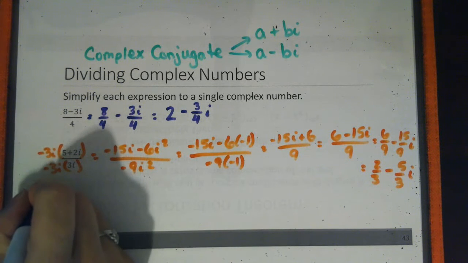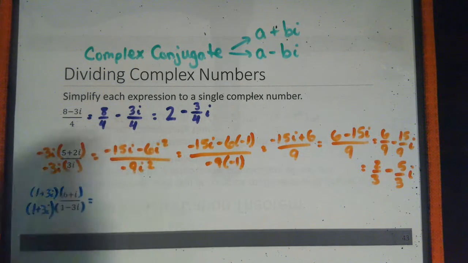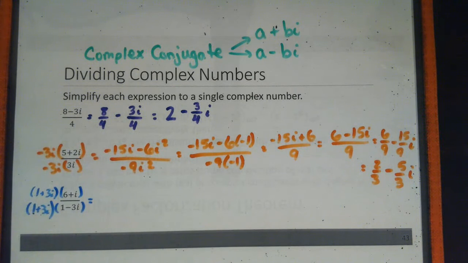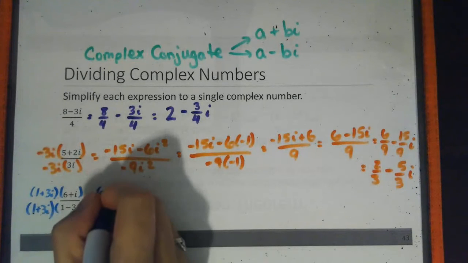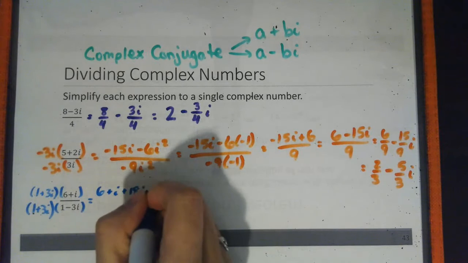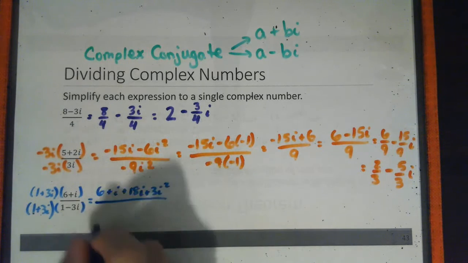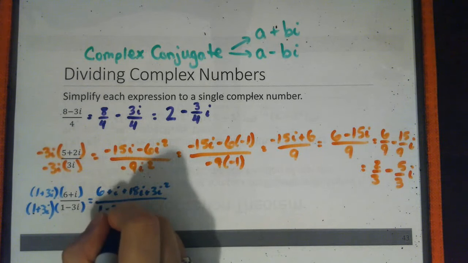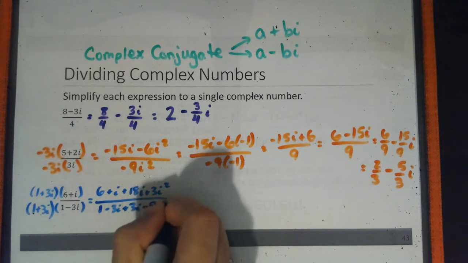So I'm going to multiply by 1 plus 3i in both my numerator and denominator. I'm going to have to FOIL both of those. In my numerator, I'm going to get 6 plus i plus 18i plus 3i squared. In my denominator, I'm going to have 1 minus 3i plus 3i minus 9i squared.